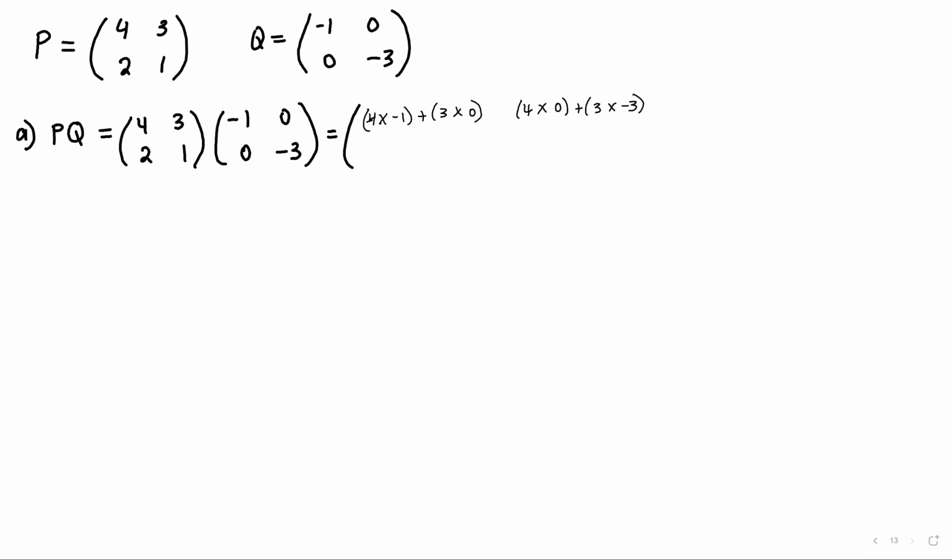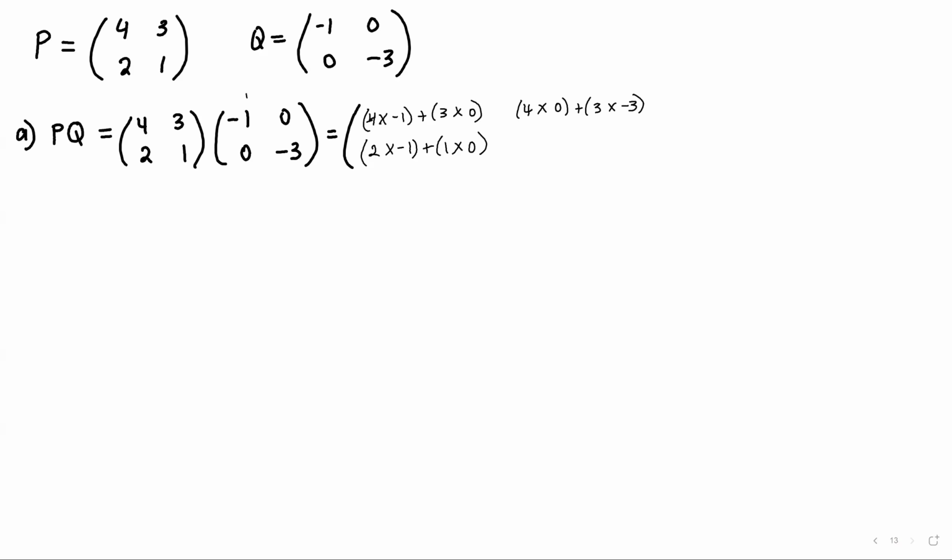All right. And now for your bottom, the row here is row 2. So it'll be 2 times your column 1 and then 1 times your column 1 as well. Your row 2 is 2 and 1, so that's where this 2 and this 1 came from. And then your column 1 is -1 and 0.